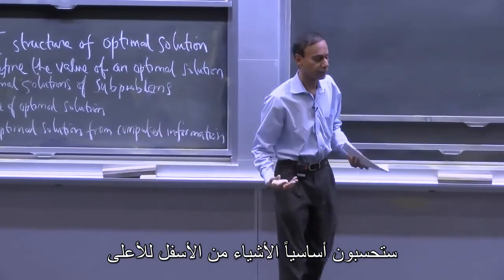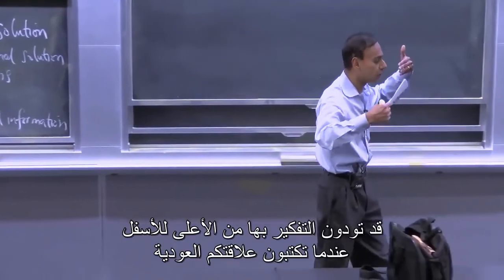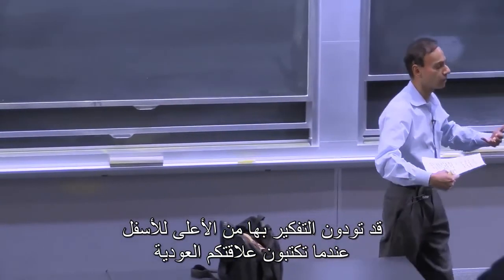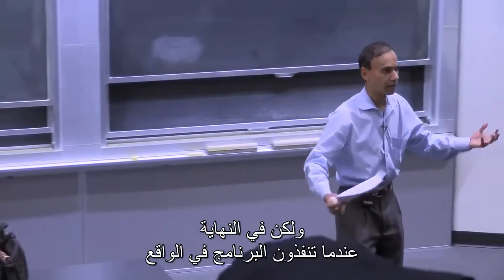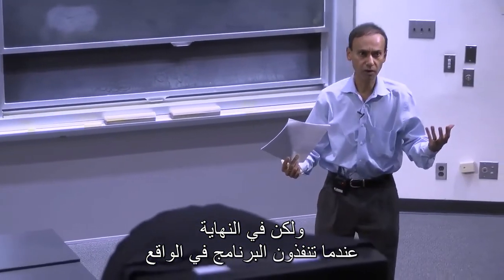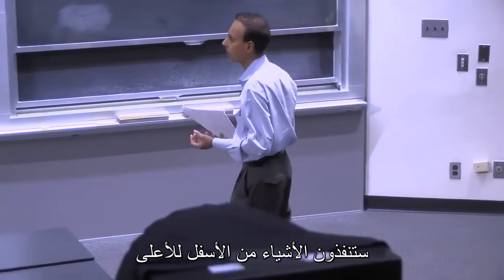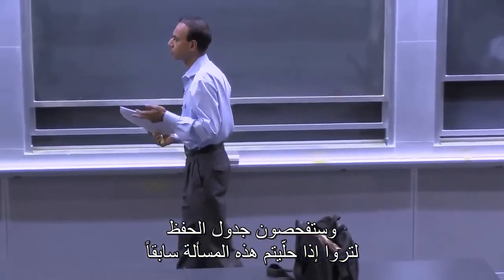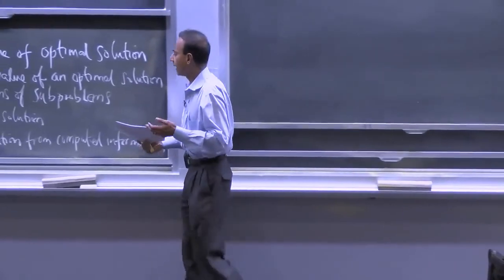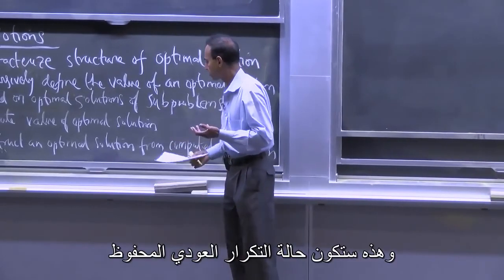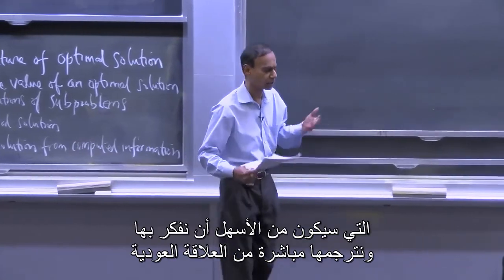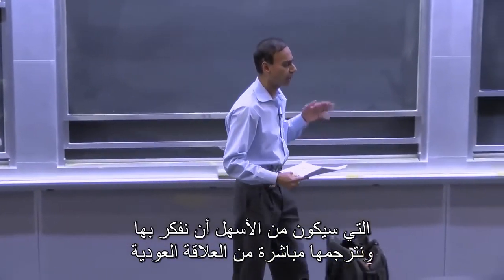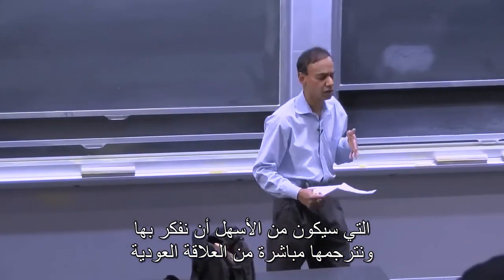Essentially, you're going to be computing things bottom up. You might want to think about it as top down when you write your recurrence, but ultimately when you actually execute the program, you'll be computing things bottom up, and you'll be checking the memo table to see if you've actually solved this problem before. That would be the recursive memoized case, which in some sense is a little bit easier to think about and translates directly from the recurrence.